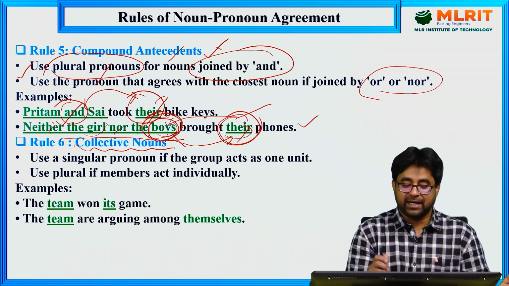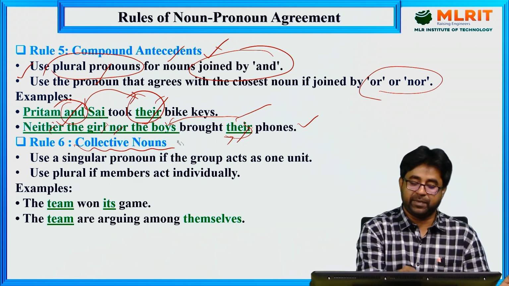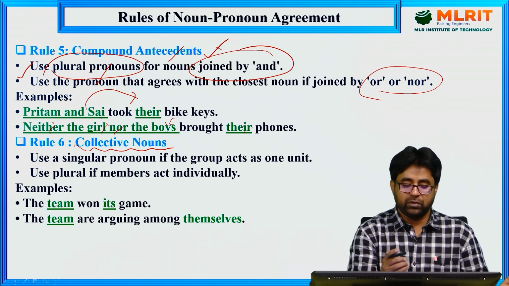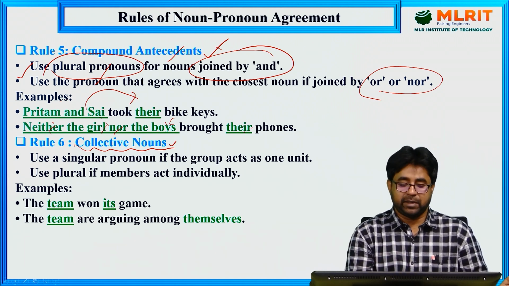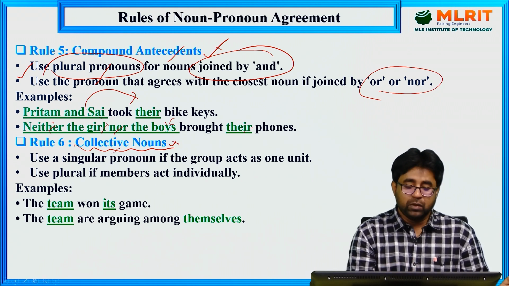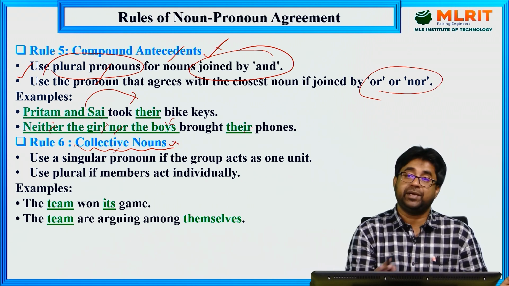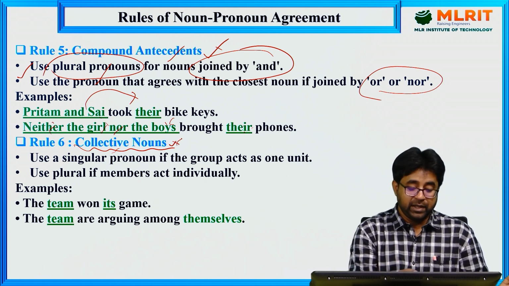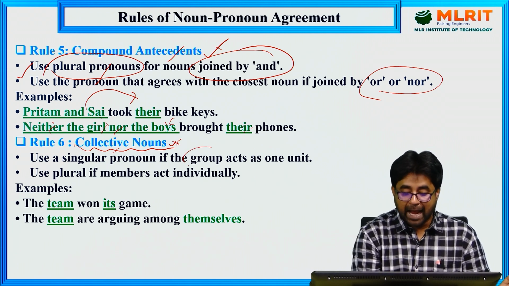Now let's see collective nouns. This is another confusing element, collective nouns. So what are collective nouns? You already know the definition of collective nouns. See how these collective nouns can influence the subject-verb agreement rule also. So what is the rule regarding collective nouns? Use a singular pronoun if the group acts as one unit.